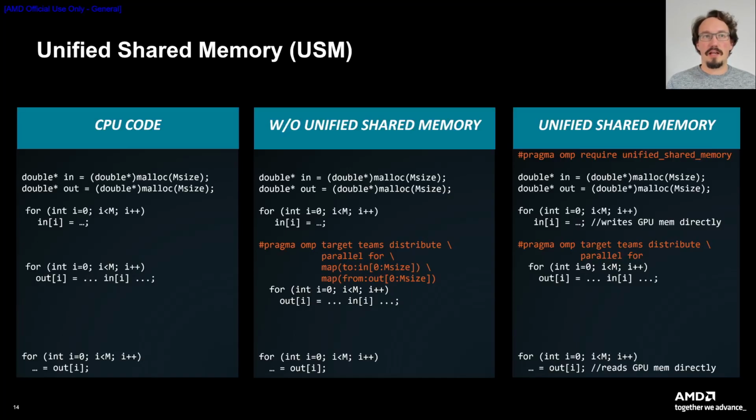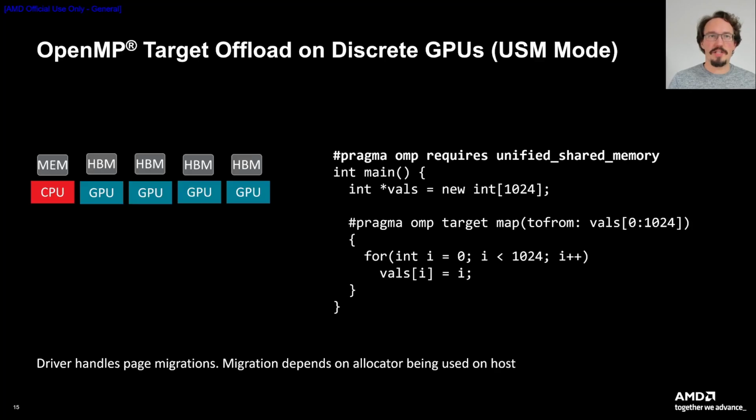This makes it a lot less tedious to write target regions, as the data environment is automatically taken care of by the compiler, the runtime, and the driver. Note that for USM in the ROCm OpenMP compiler, the requires clause has to be present across the different source files. Looking at the USM mode in more detail, we find the following.